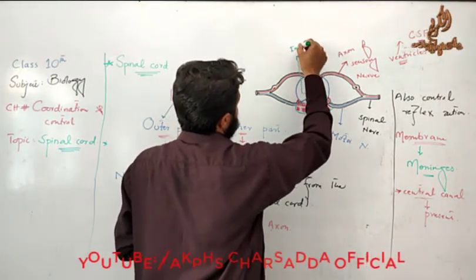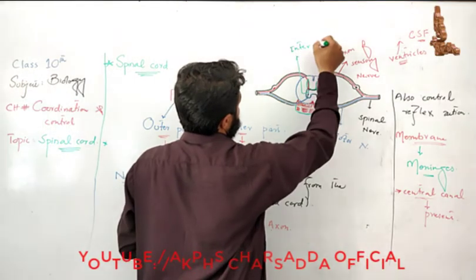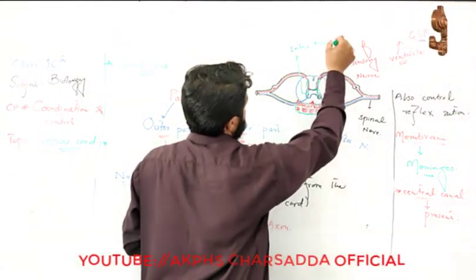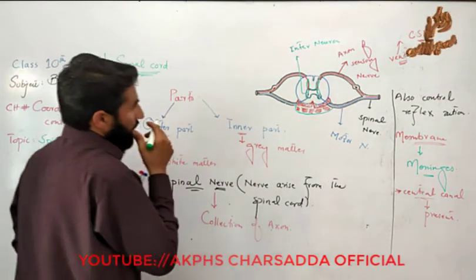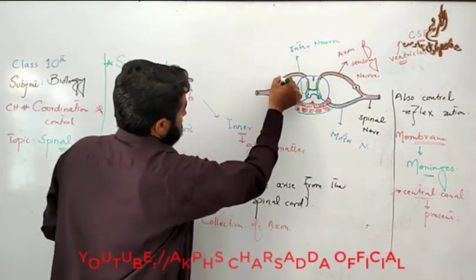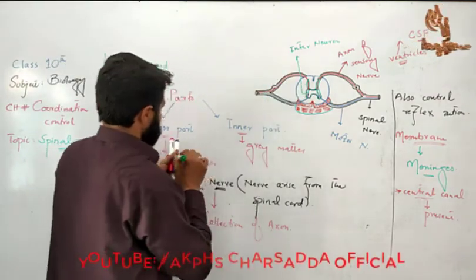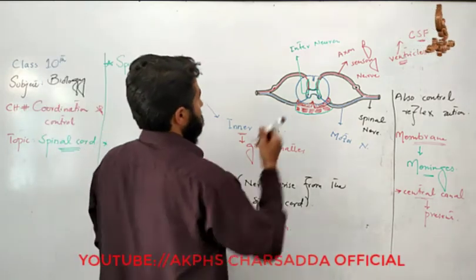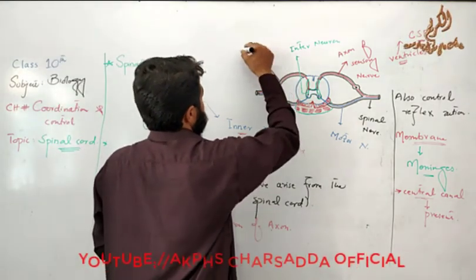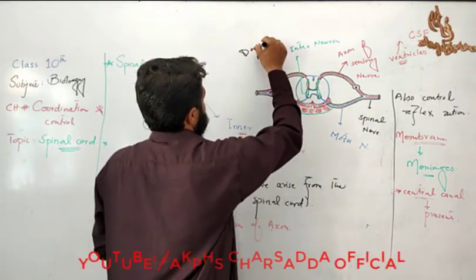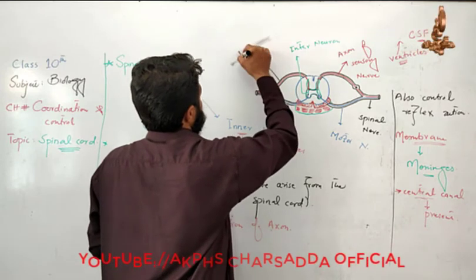Interneuron. This one is known as dorsal root.